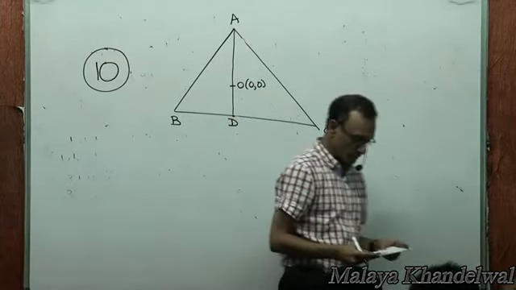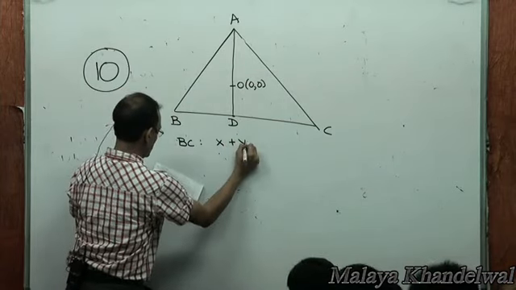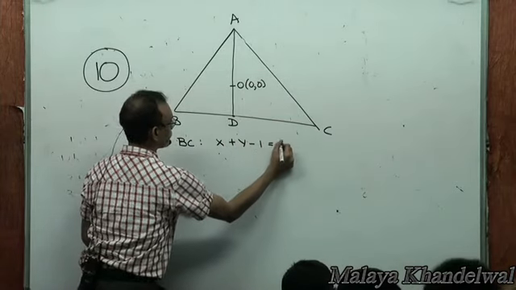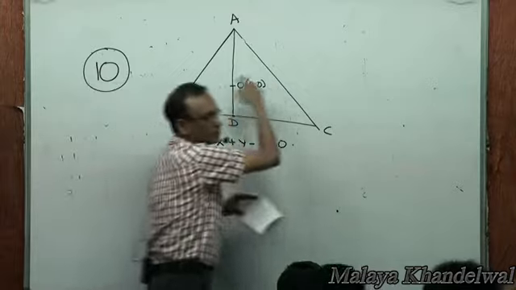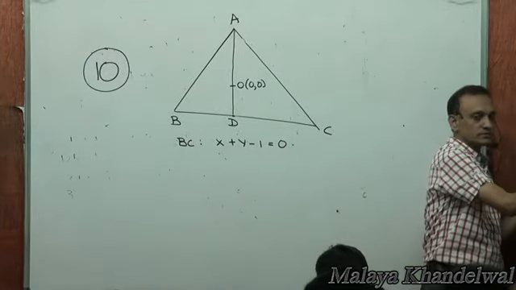And one of the sides, say BC, is along the line x plus y minus 1 equal to 0. We want to be able to find the equation of the other two sides.